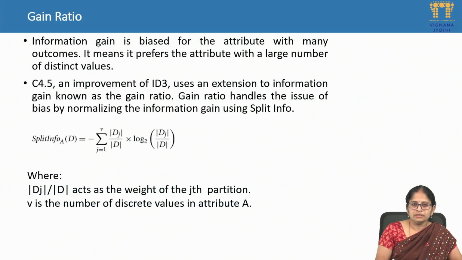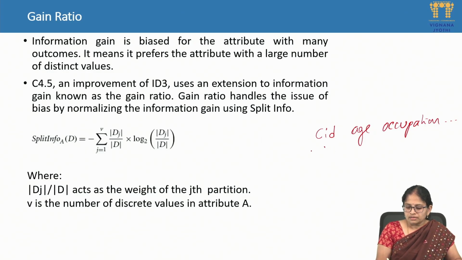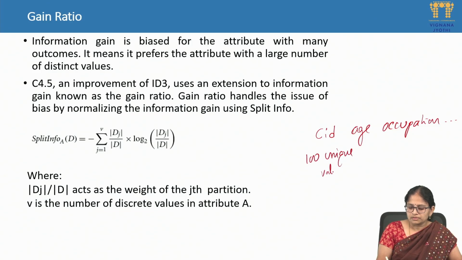The problem with info gain, the first heuristic measure, is that it is biased towards the attribute which has the highest number of distinct values. Suppose in your data set you have a customer ID, age of the customer, occupation of the customer, and so on. Then this customer ID has unique values for each record. If 100 records are there, then there will be 100 unique values here, right?